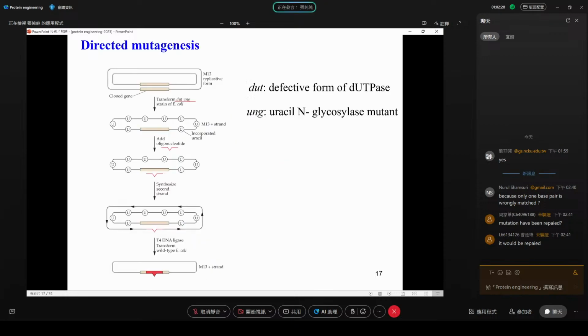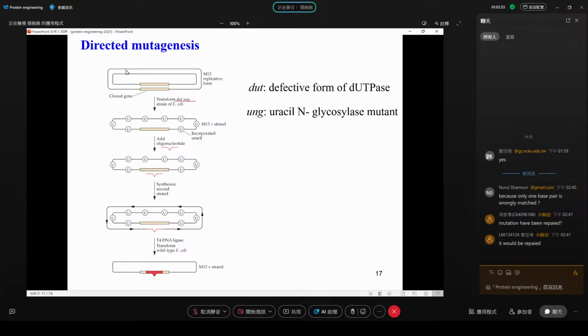So if dUTPase is defective and the uracil glycosylase, this enzyme, both of them are defective, which means when the original template incorporates dUTP, the repair system cannot do anything to correct it.